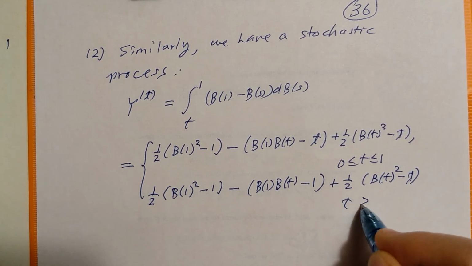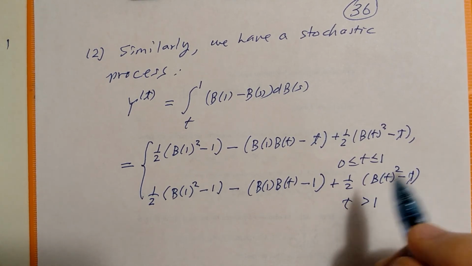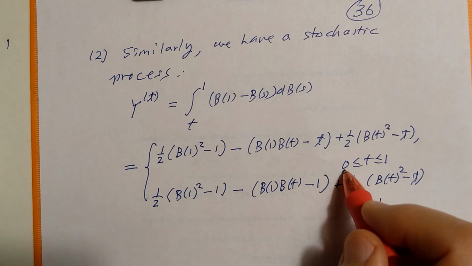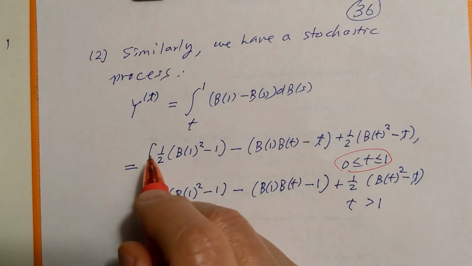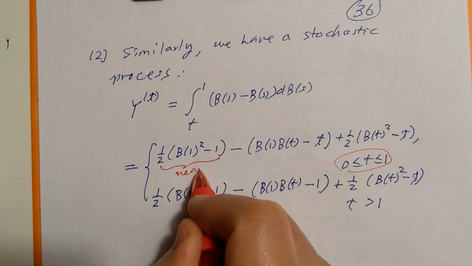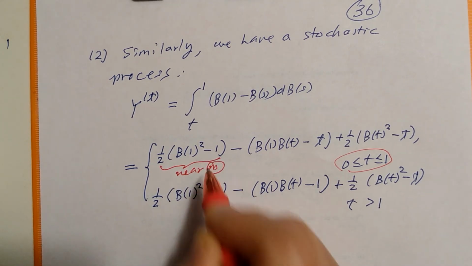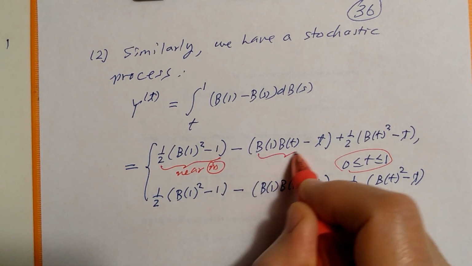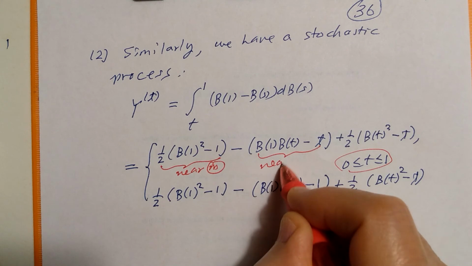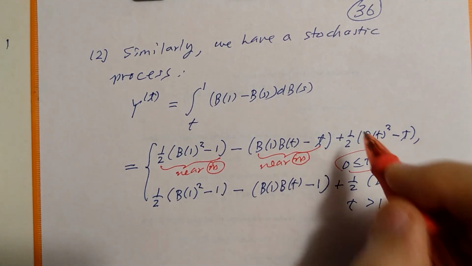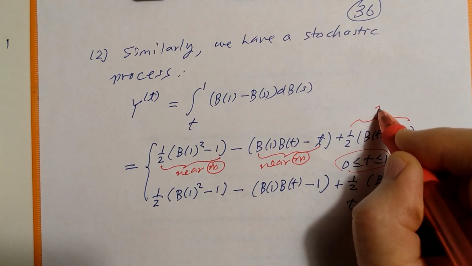This is for t greater than 1. And now observe, when t is between 0 and 1, the first term is a near martingale. And the second term is also a near martingale, and the third term is a martingale.